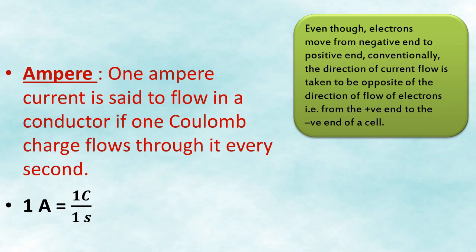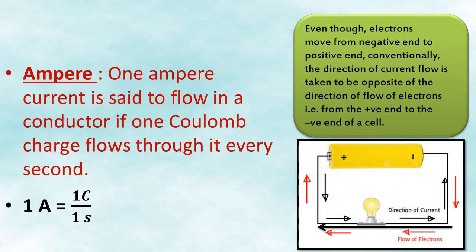In our previous slide I explained that electrons flow from negative to positive, but the direction of flow of current is taken from positive to negative. So these are opposite to each other. As I have shown with the black arrow, electrons flow from negative to positive, but the direction of current is from positive to negative.